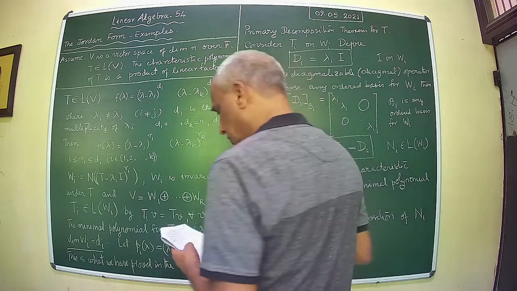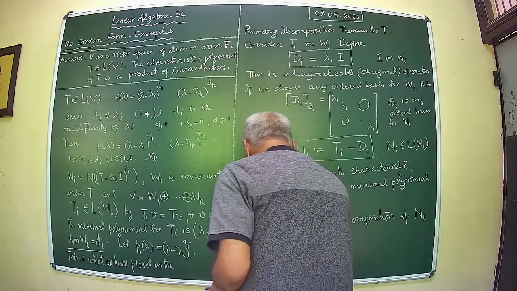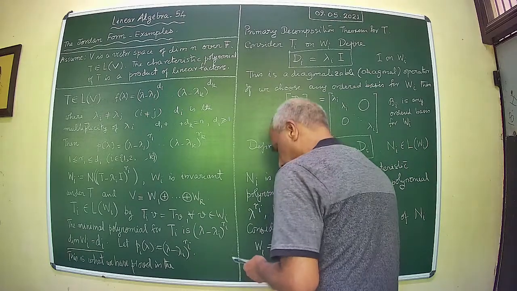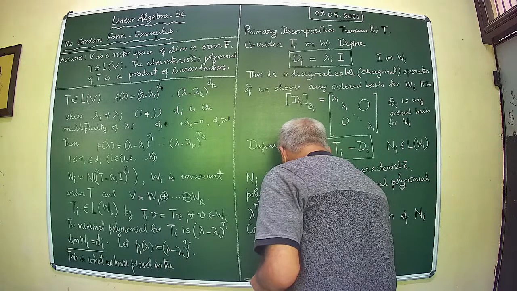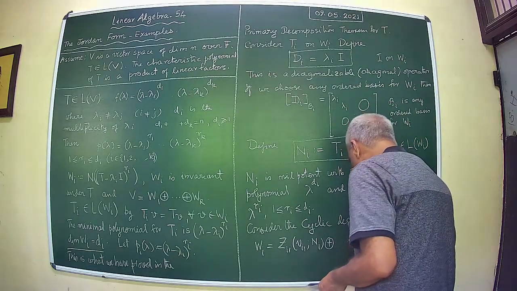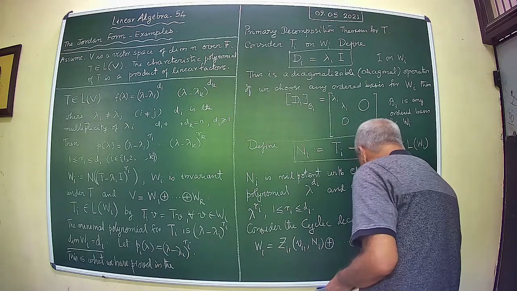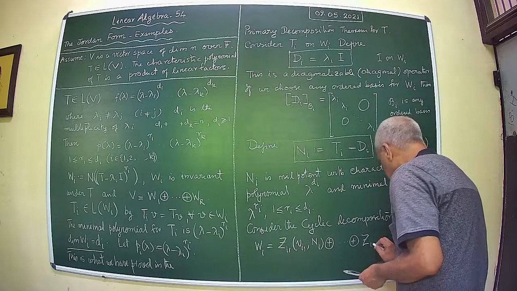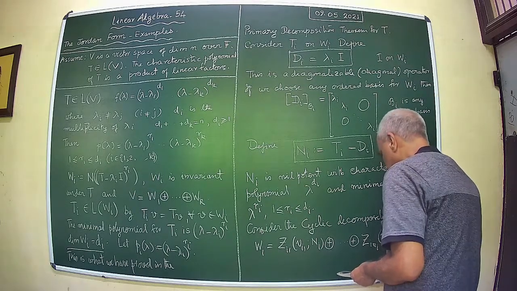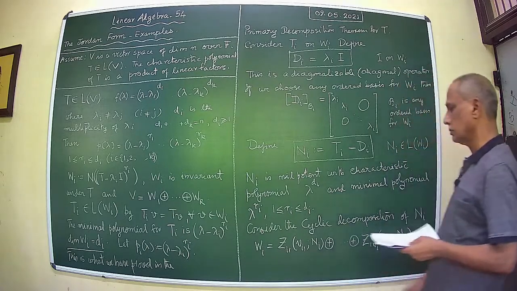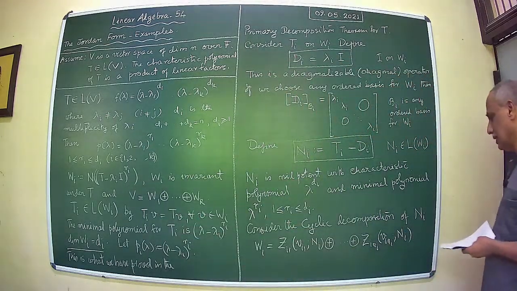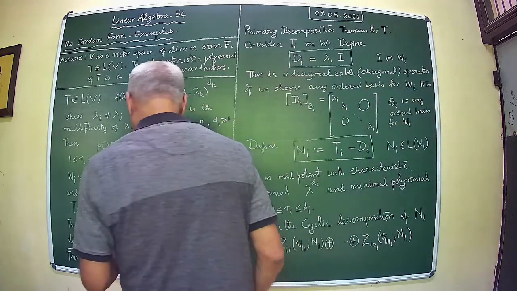We have a breakup of Wi into cyclic subspaces. This is true for every i.